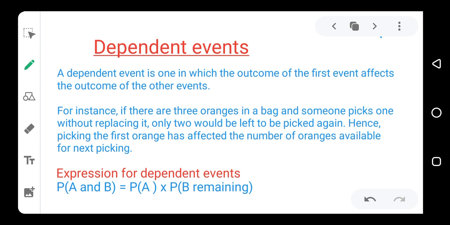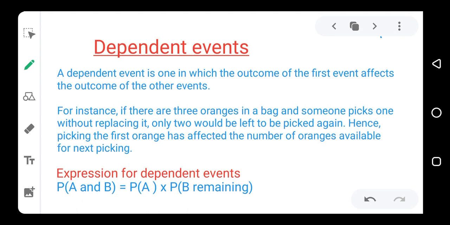Now we have this expression for dependent events. The expression for dependent events is that the probability of A and B, where A and B represent first and second events. Of course, remember that this event can be more than 2, but to make things easier for us, we use only 2 events.